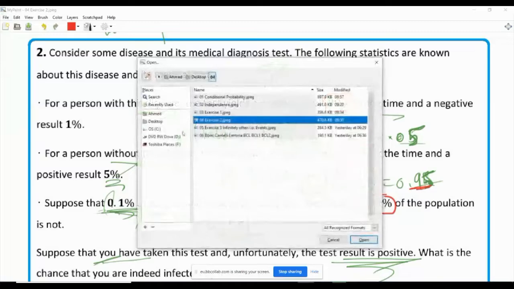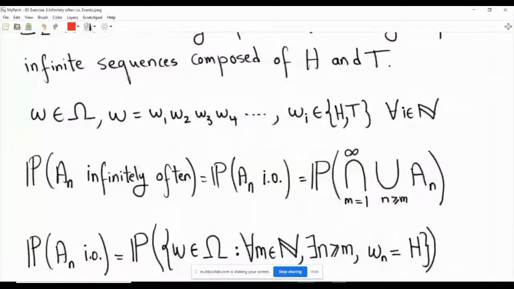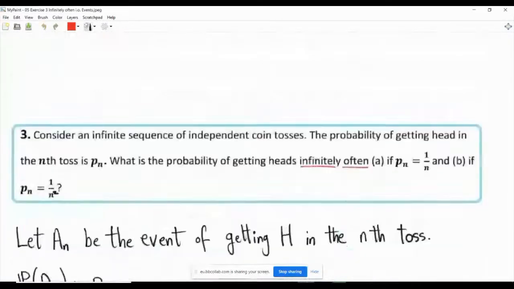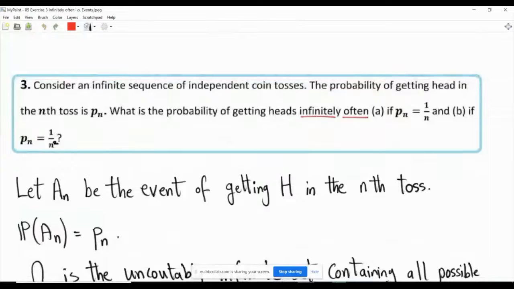So our third example is a coin, and you are so bored in your life that you will keep tossing the coin an infinite number of times. You will never stop.